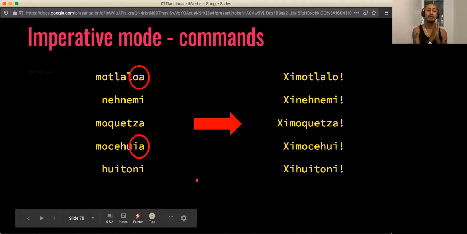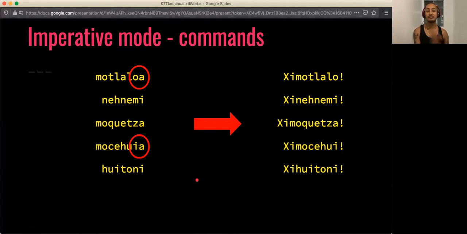So that's how you create commands when you're giving commands to just one person or one animal.